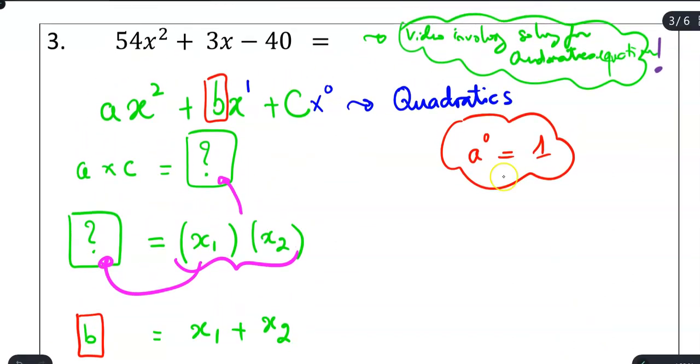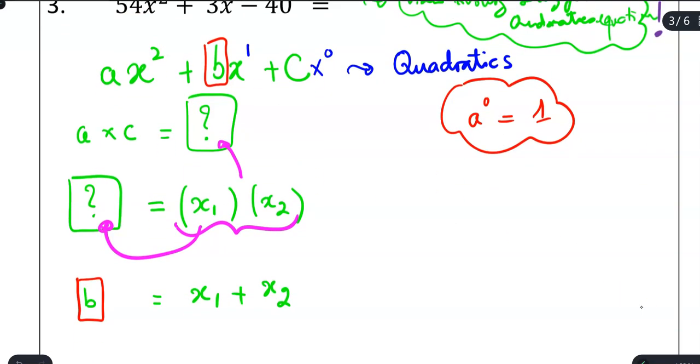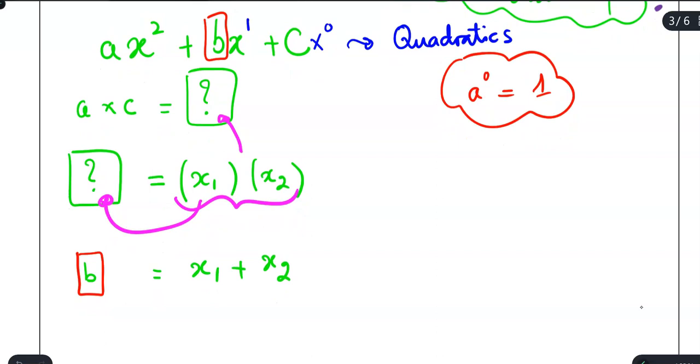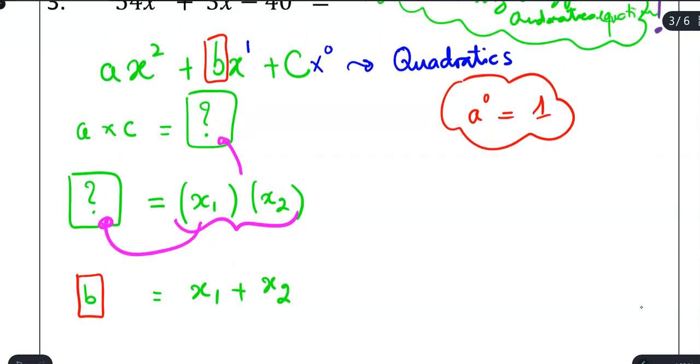Therefore, some students just want to follow the quadratic formula to figure out the two unknowns, assuming it is an equation, and then they substitute into a formula to figure out the two factors of these trinomials. But I will get to that after this video. And so let's get started here.